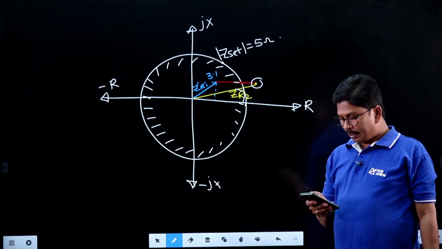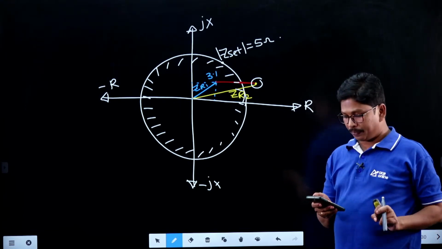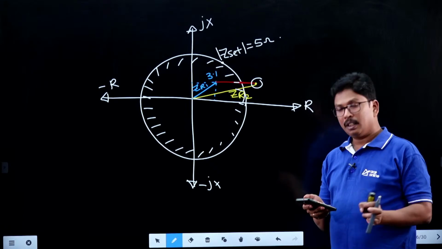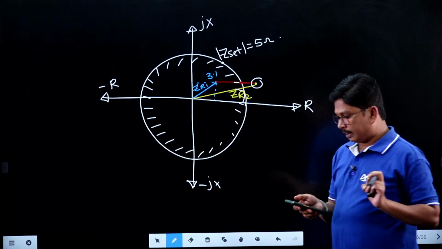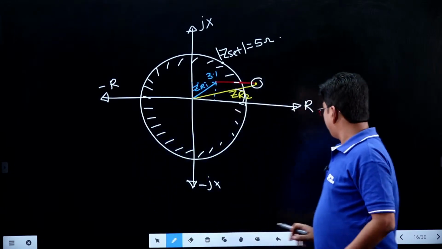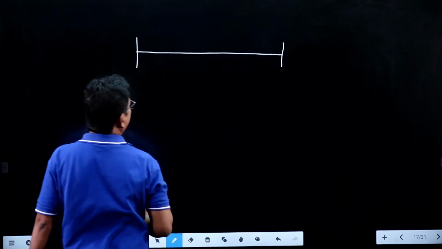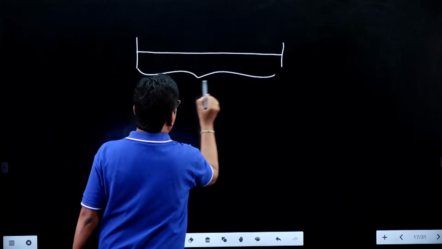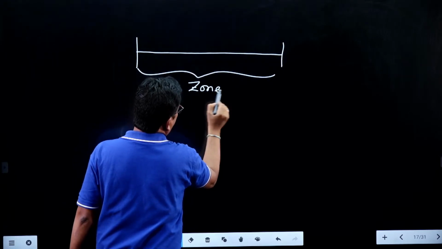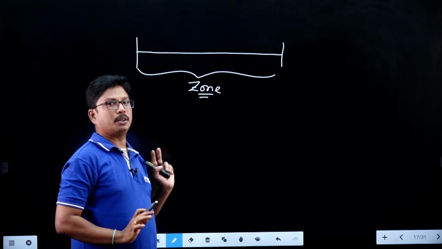And similarly, whenever the relay operates for the faults which are outside of the zone, then it is called the overreach problem. For example, if this is the transmission line we have, this is the protective zone. The relay has to operate only for the faults in this zone.